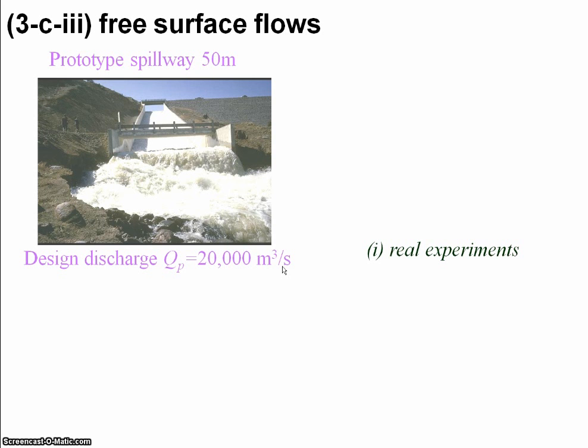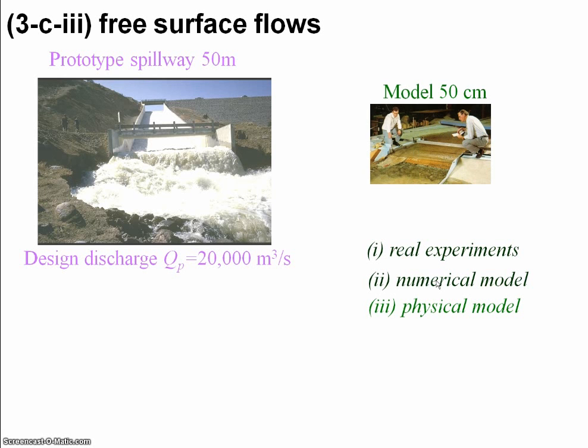We can always do the real experiments, but it is very expensive. We could build it and then see whether it performs 20,000 cubic meters per second of discharge. Or we can use a numerical model, as we learned in chapter 6. Or we can use a physical model, which is what we are talking about today. For example, it will be fun to build a 50 centimeter small physical model.